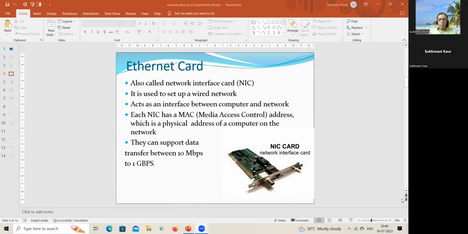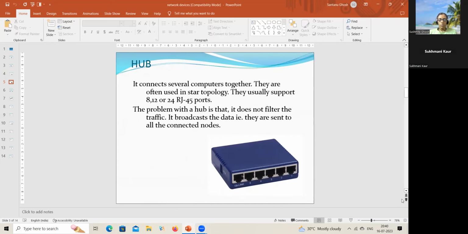Okay, now let's move on to the next one. The most commonly used connecting device in a LAN is my hub. The moment you talk about connecting two or more devices in the LAN, I'm talking about hub. So this is my hub.